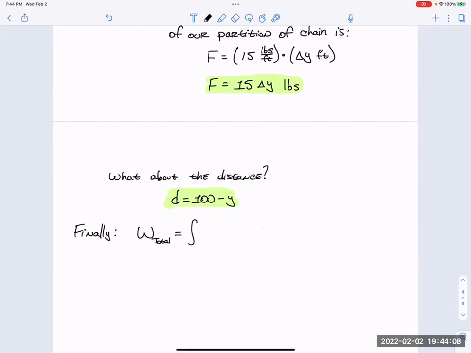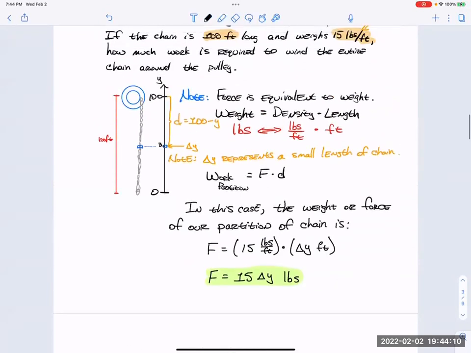Now, let's go back to our little picture here. Remember, this is an arbitrary partition. Now, this is like an arbitrary value of y. These partitions, you could have one down here, all the way up at different values of y. So where are we summing up these partitions? We're summing up these partitions from the bottom all the way up to the top.